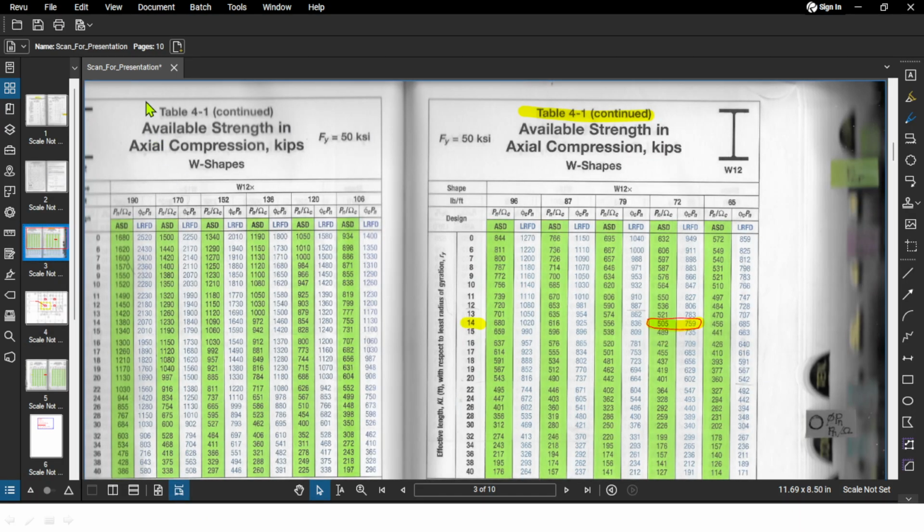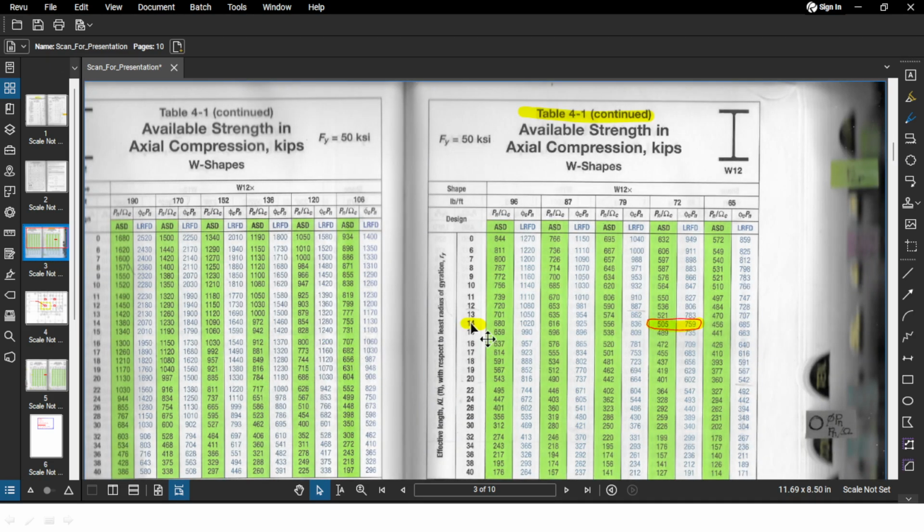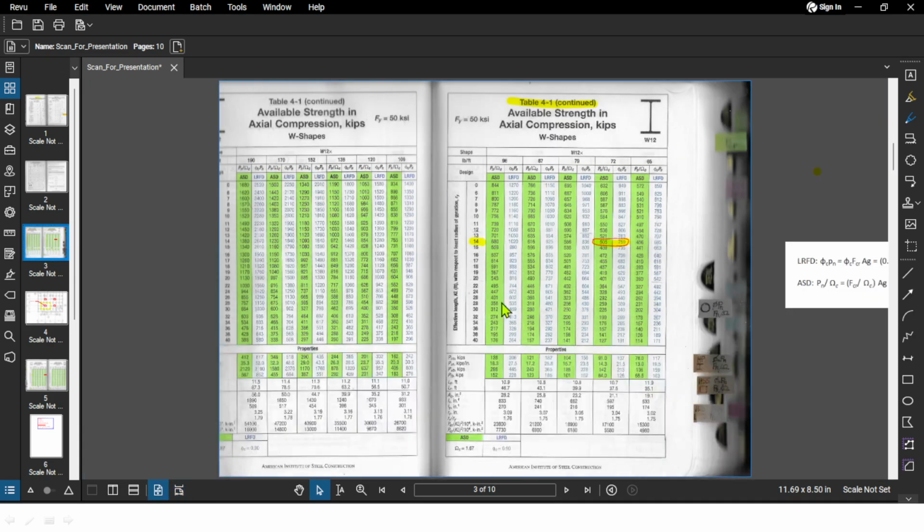This is the table 4-1, this one here, because we have different sizes. Here we have 87, 79, 72. Our section is W12 by 72, so we belong here.